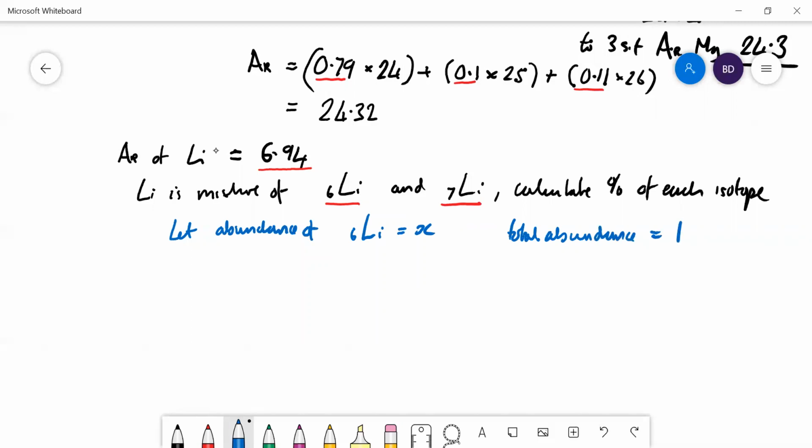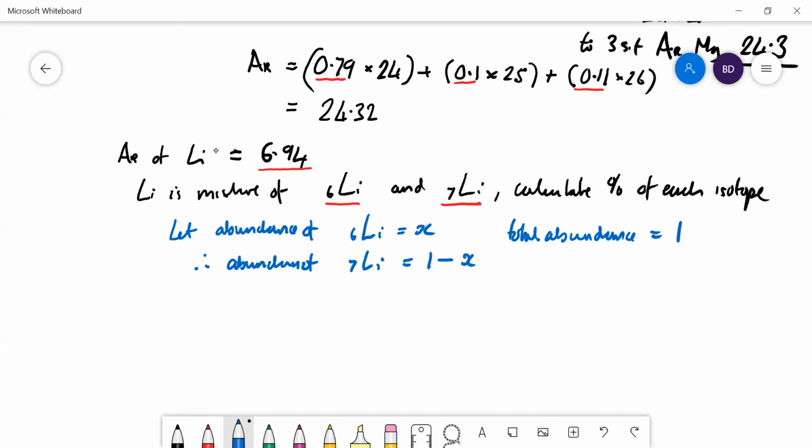The fraction of everything together is 100%, 1. So therefore, the abundance of 7 has got to be equal to 1 minus X.